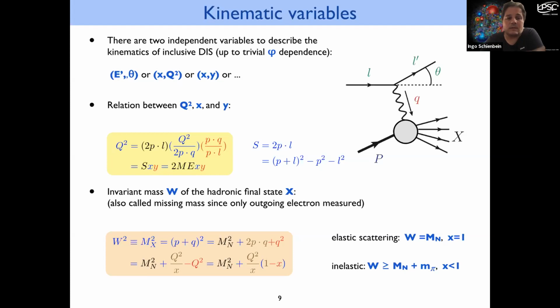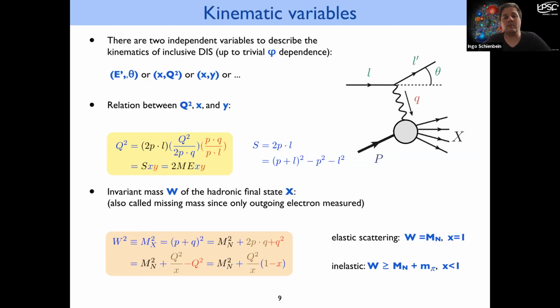This formula is very important to estimate which x values are probed. You know the center of mass energy, 2 times the mass times the energy of the lepton beam. You take for y usually 1 or so, and then you estimate x to be Q squared divided by the center of mass energy squared.